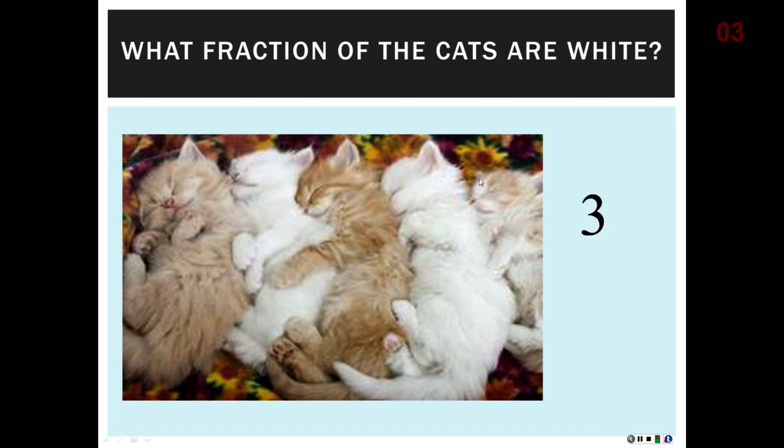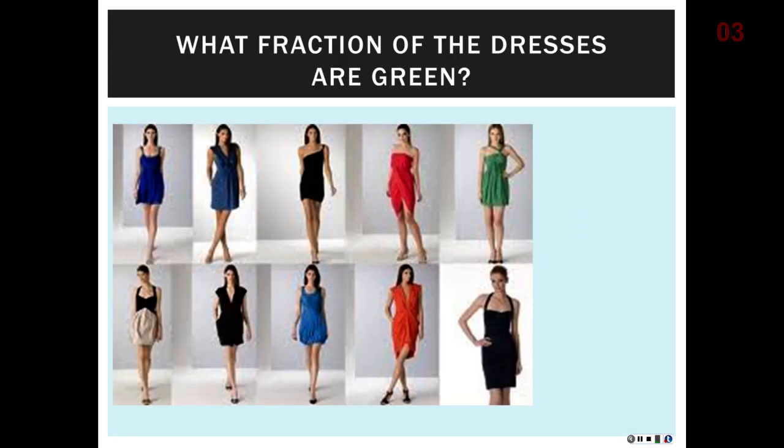Well, I counted this one as white because he only has a little brown right here. No, 1, 2, 3 white ones. He's mostly white, so I put him there. And then 5, okay? So there's 5 kitty cats there, and about 3 of them are white. One's got a little tan on it.